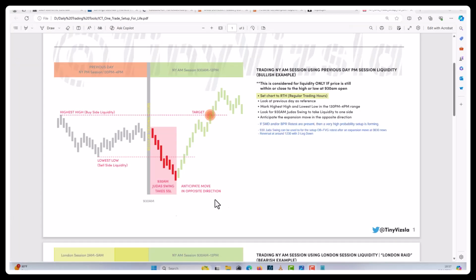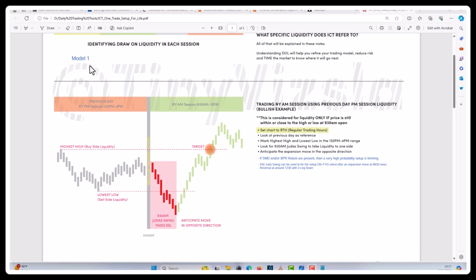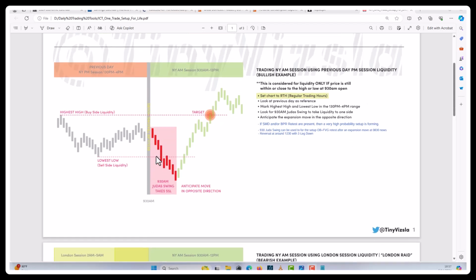Before we go into the chart, take a look at ICT model number 1, which is the Judas swing at 9:30. You see that right here.